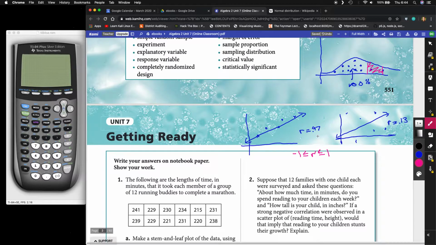But ultimately, the closer to 1 or -1 R is, the better it fits the data, as you can see over here with an R value of 0.97. The R value over here is closer to 0. So the closer to 0, whether it's negative or positive, the worse fitting it is for that data. Okay? So that is correlation.